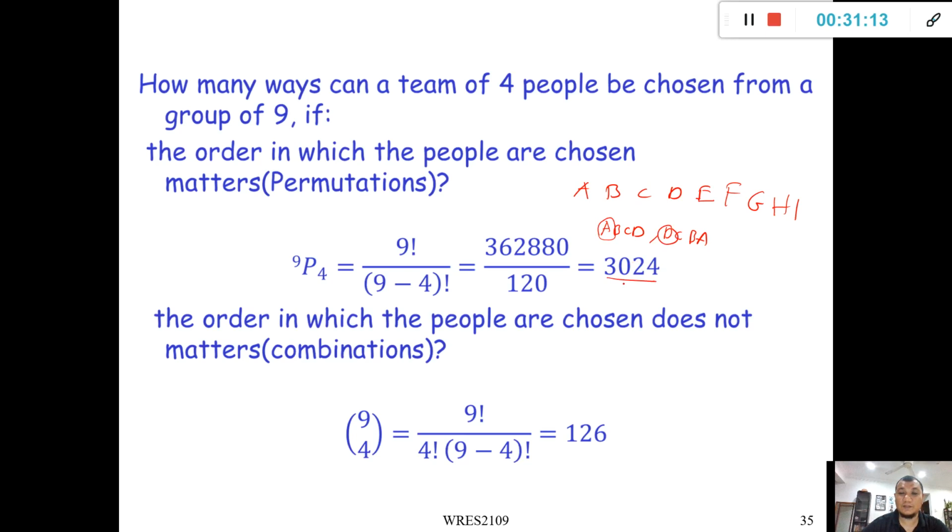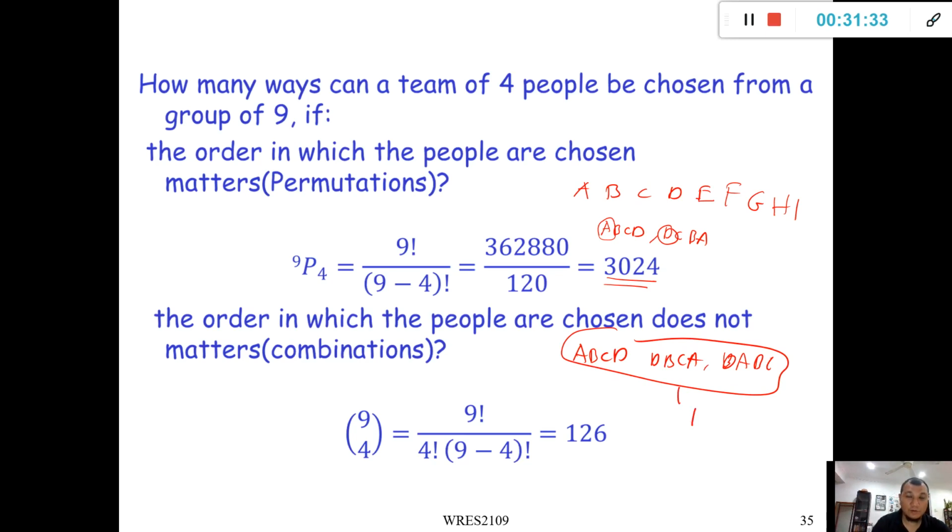So that's why you have 3024. But for this one, A B C D is just the same as D B C A or D A B C. So this is considered one combination, nCr.